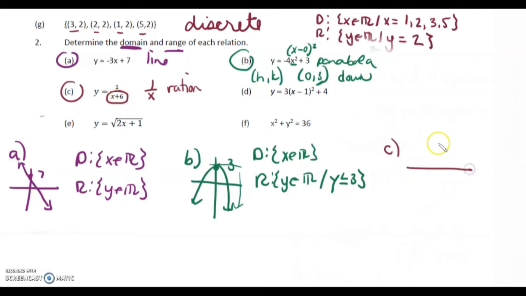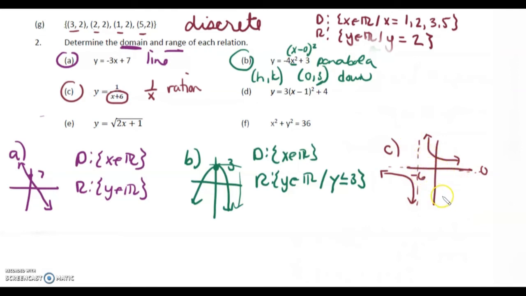We haven't studied it yet, but there's going to be a vertical asymptote at negative 6, and a horizontal asymptote at 0. Then we're going to have two parts of this graph and two asymptotes, lines that the graph approaches infinitely and gets infinitely close to, but never actually touches.